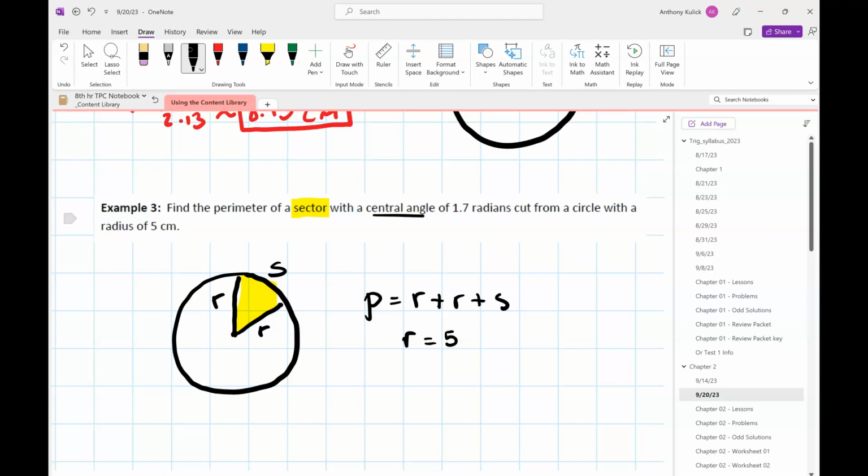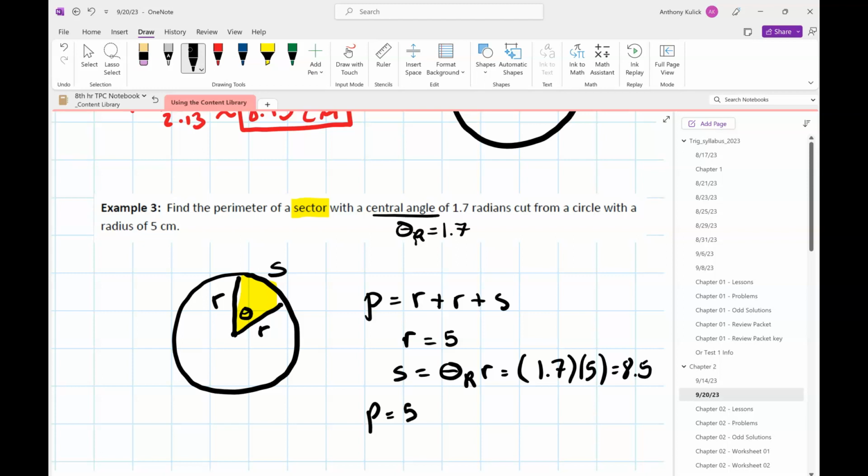And since we're given a central angle, and we see that that's in radians, I should be no problem calculating S. So my perimeter should just be 5 plus 5 plus 8.5, or 18.5.